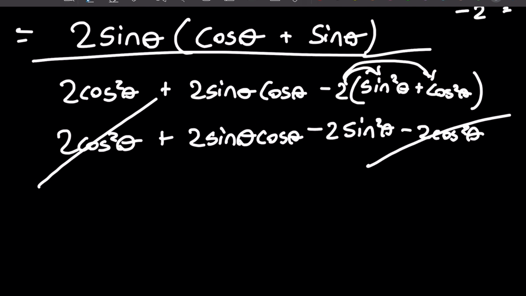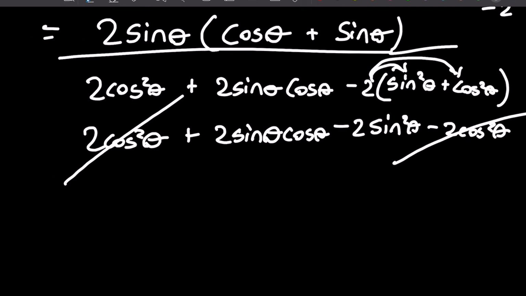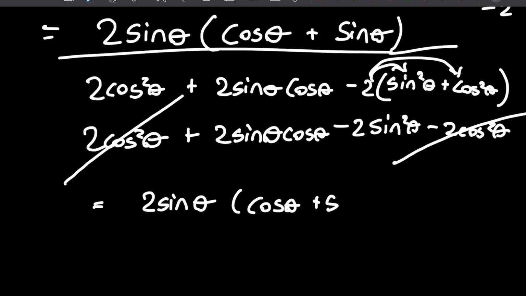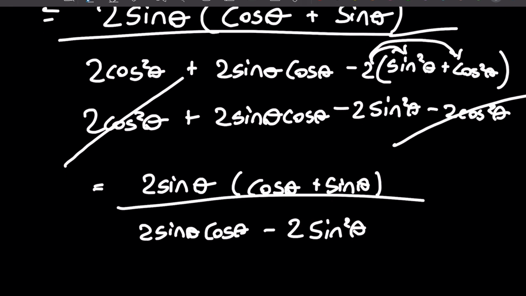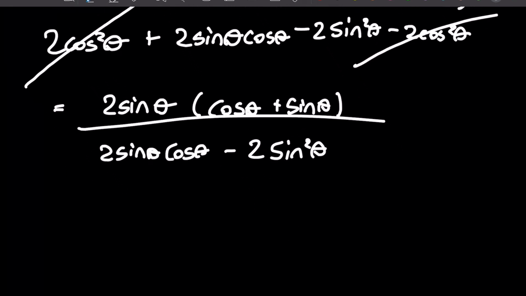So now this whole thing is equal to 2 sine theta, because this is a numerator again, times cos theta plus sine theta over 2 sine theta cos theta minus 2 sine squared theta. Now we have something very similar to what was on the numerator.